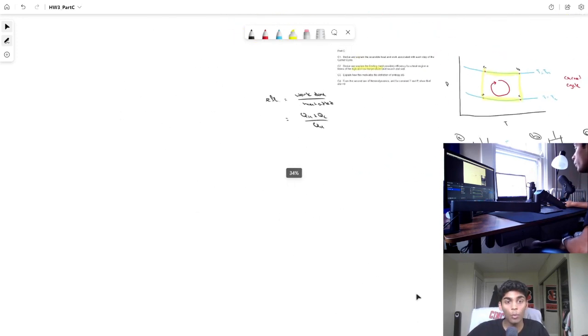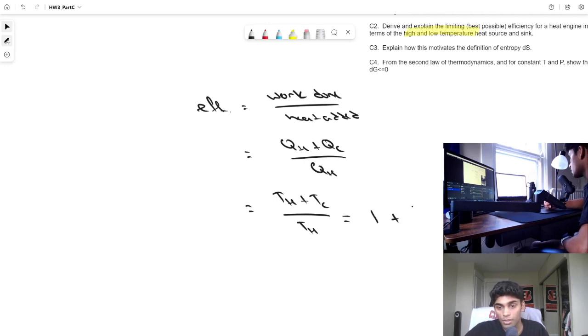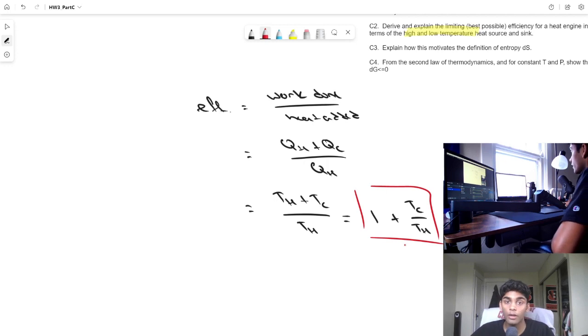So when we go back up, the derivation for this is going to be TH plus TC over TH, which you can further simplify as 1 plus TC over TH.